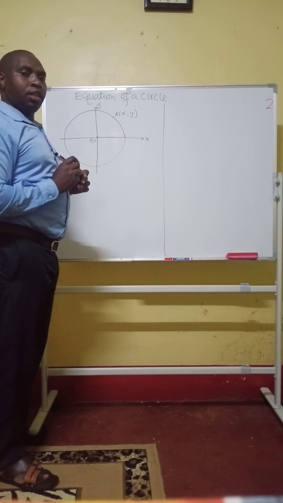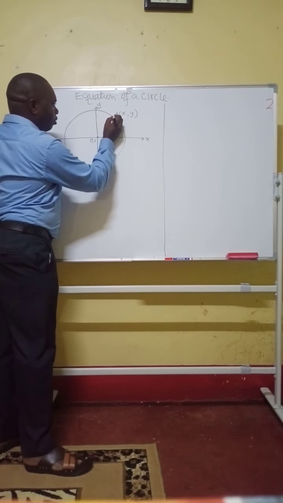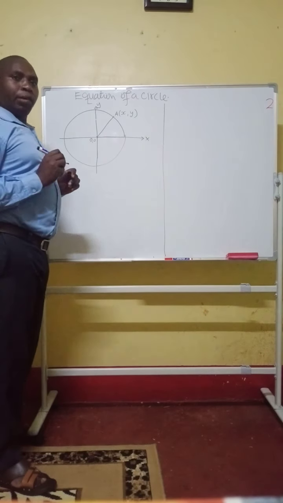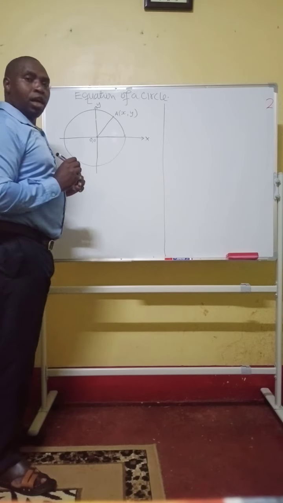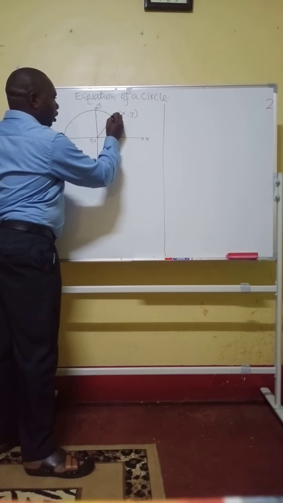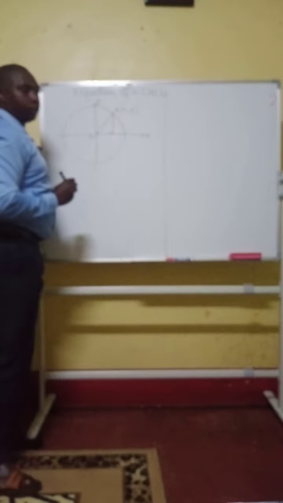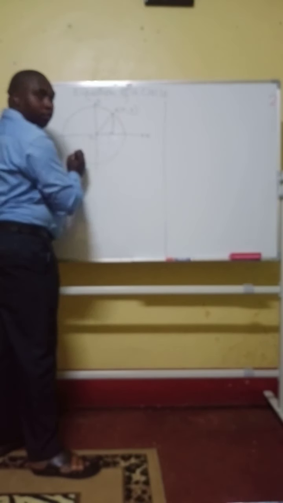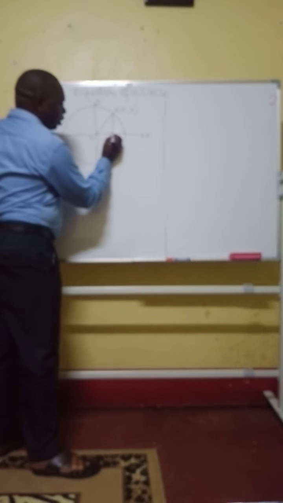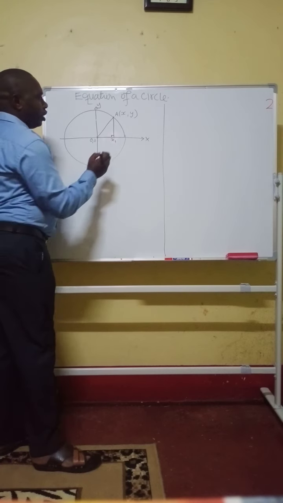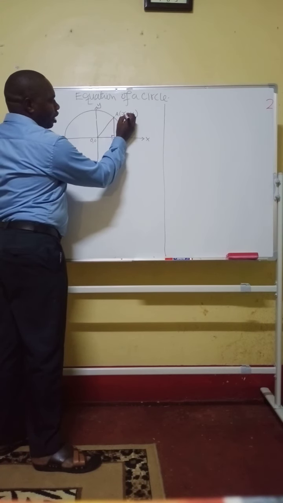Now, we can join that point A to the center of the circle through a straight line, and consequently make a right-angled triangle at point A with the x-axis, such that from the center of the circle, that is the origin, to this point here, we can have it as x1.